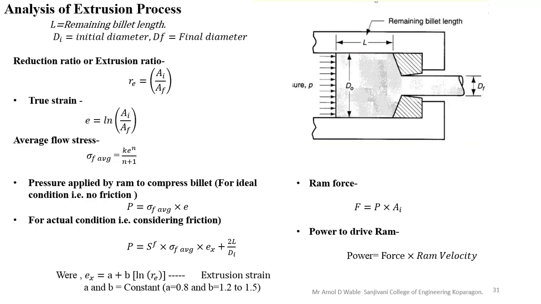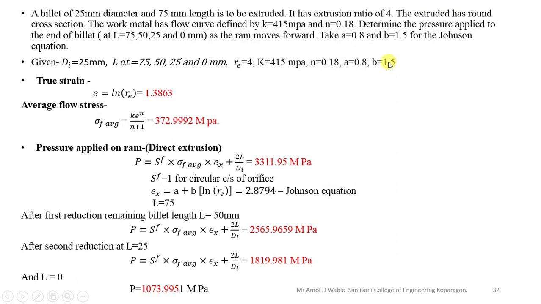Further again, when you move, there will be a 0 length, and at that 0 length, what will be the pressure? So you have to consider the 4 cases, and using them you have to find out the pressure when L is 75, then when L is 50, then when L is 25, and then when L is 0. Once you understand this concept, then the formulas are known to us. You have to remember these formulas.